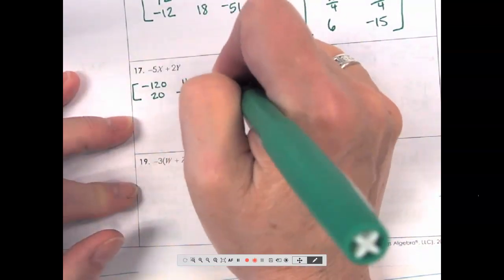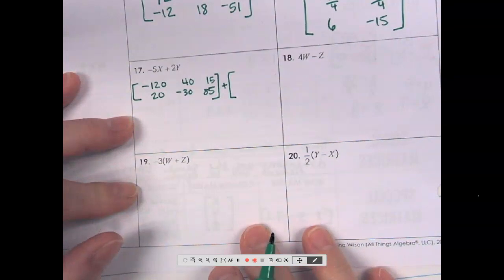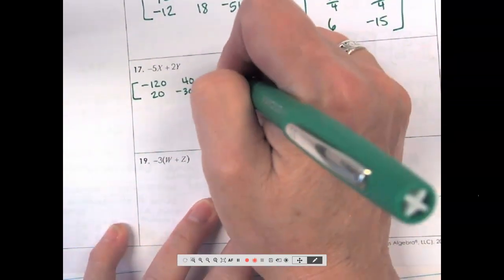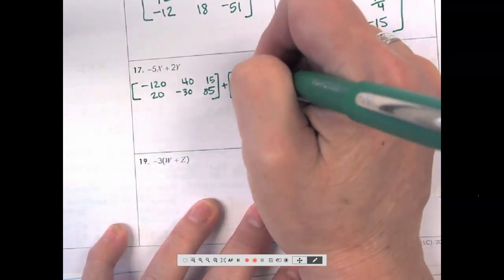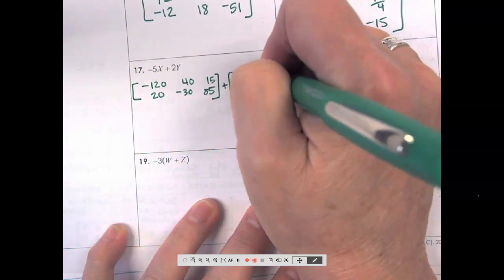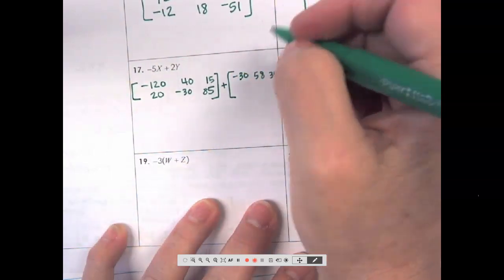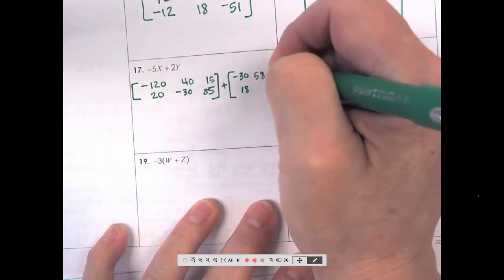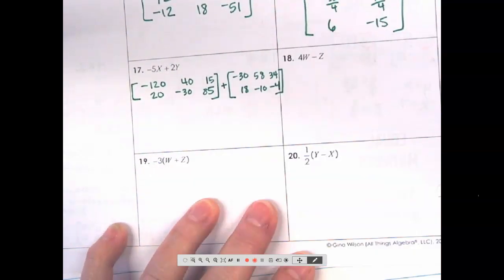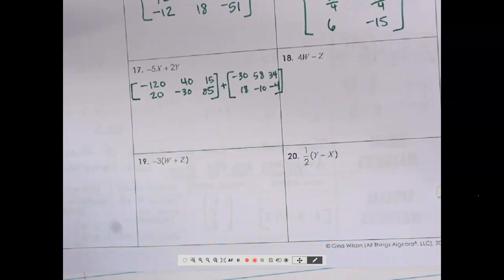Okay, then I'm going to add to that. I'm going to take everything in y and multiply it by 2. So negative 30, 58, 34, 18, negative 10, negative 4. And then I'll add those together.